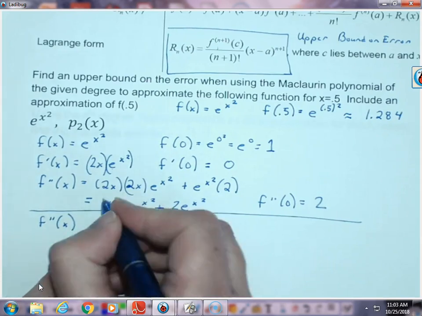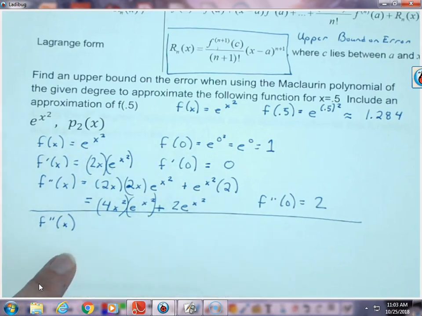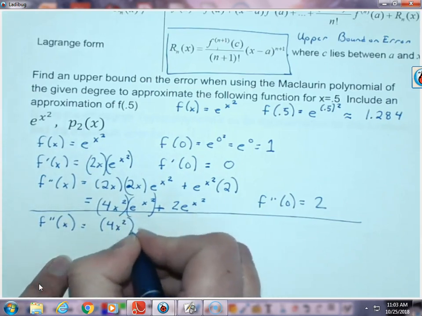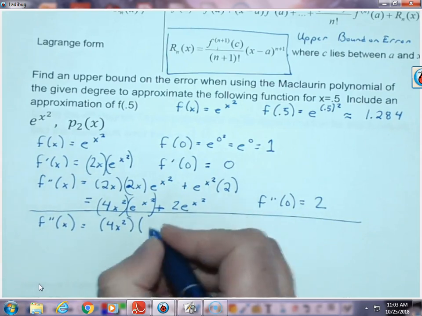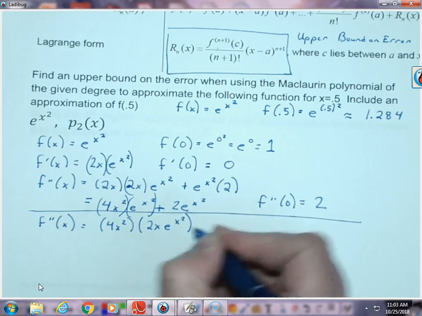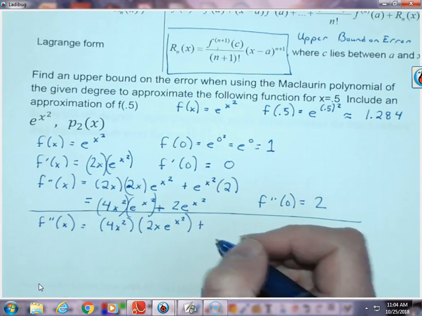So I've got to do product rule on the first part. And I'm going to group it like that. You could leave the 4 out as a constant, but I'm just going to put it as part of the first term. So I'm going to have the first. All right, go ahead. Tell me the derivative of the second. I do when it's a constant, but not when it's a variable.